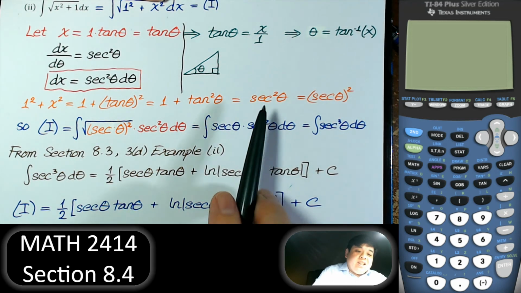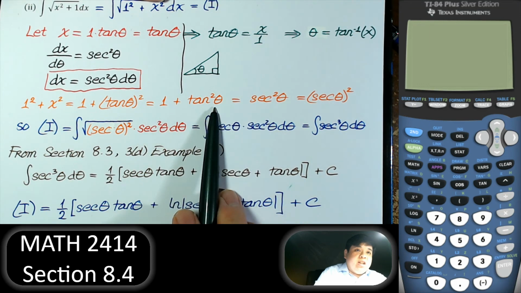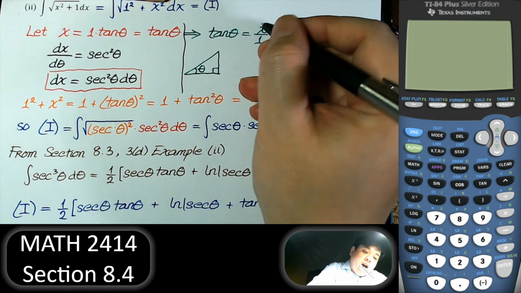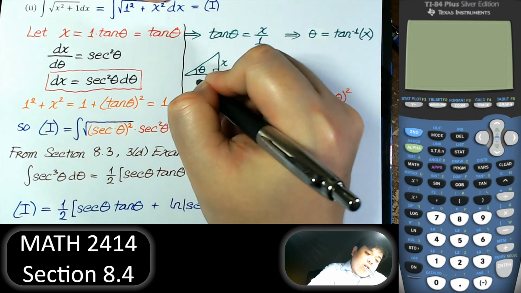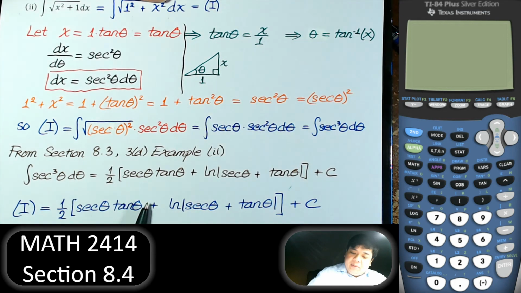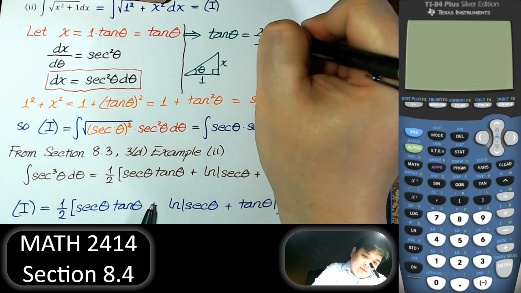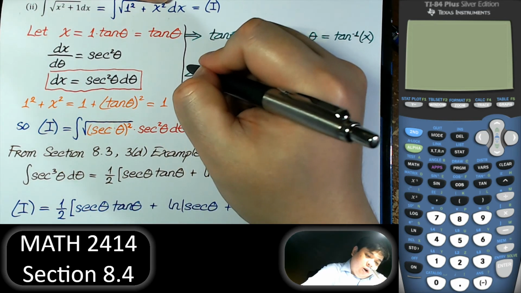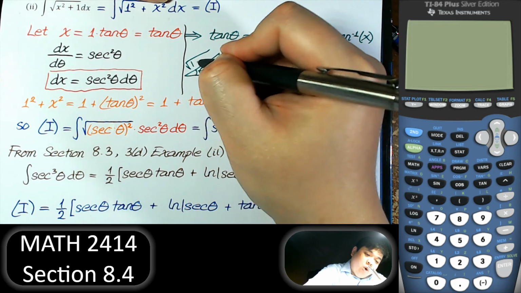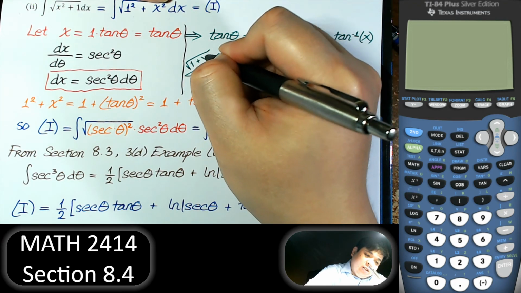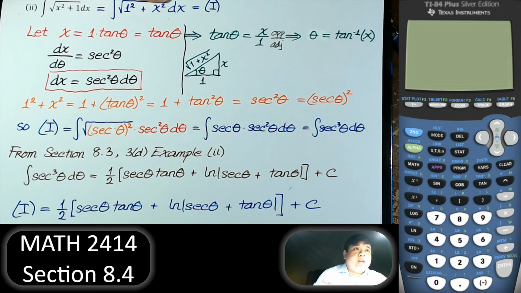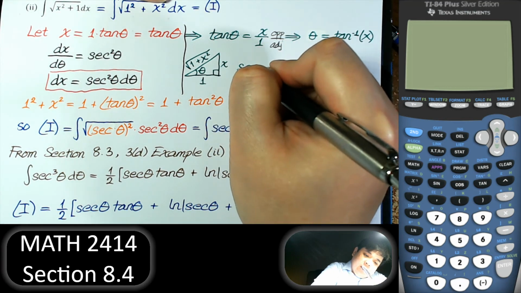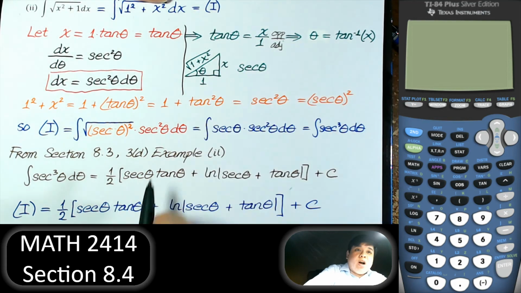Actually, we can just say secant square is equal to 1 plus tangent square, and we can solve for that way as well. But tangent is opposite over adjacent. So the hypotenuse is the square root of 1 square plus x squared, or 1 plus x squared. And then secant is the reciprocal of cosine.